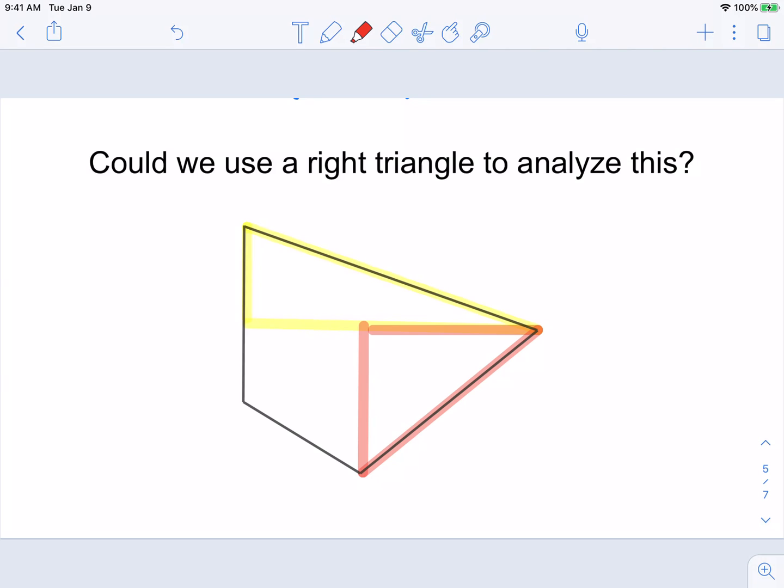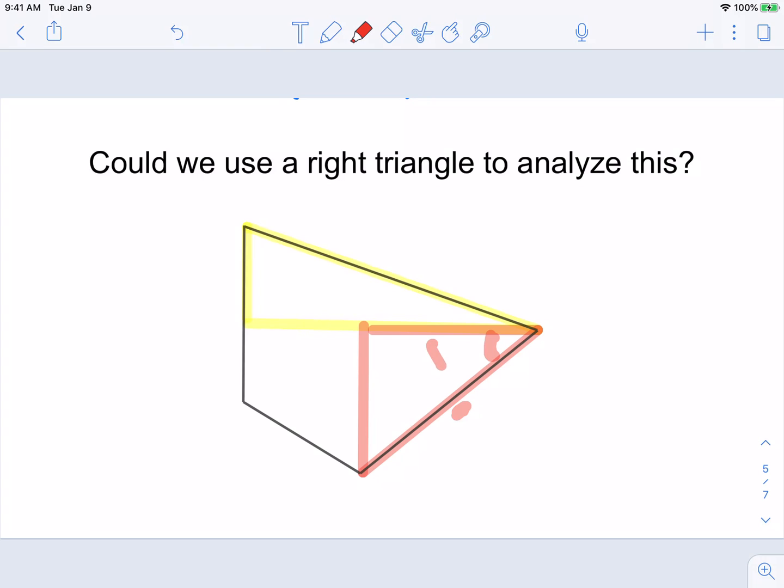So as long as I knew an angle in addition to the length of that side, I'd have to know one of these angles in here somehow. And that all comes up in your problem. I could solve for these different x and y components using my right triangle trig.